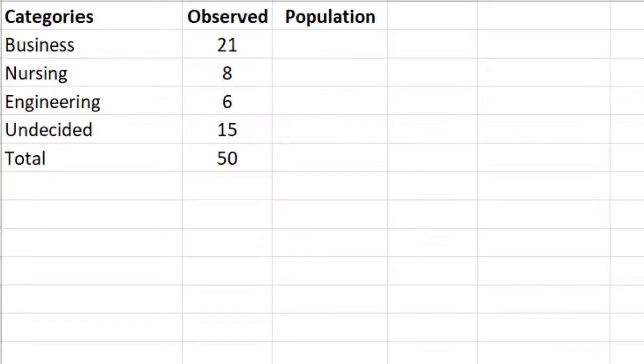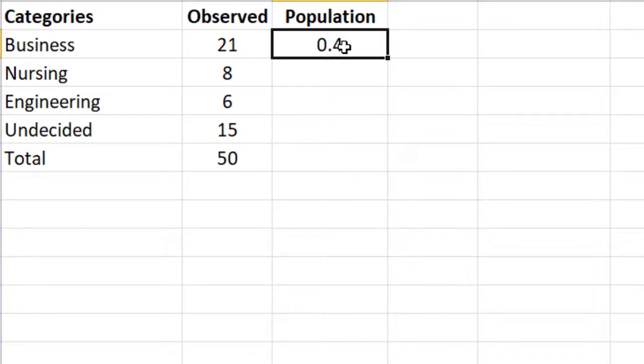And so that means now, back in our table here, I can write that as 40%. But it is actually a requirement that we put these percentages as a decimal. So 0.4 is the population proportion of business major in that population.